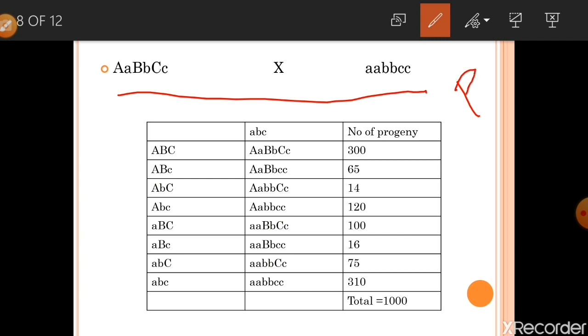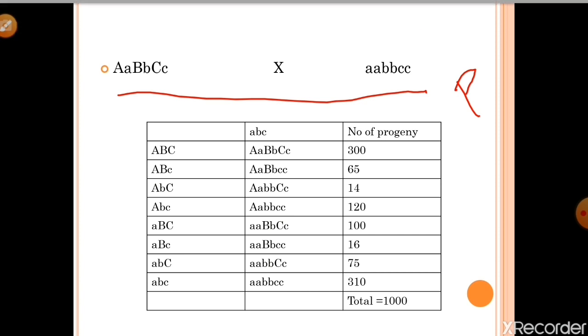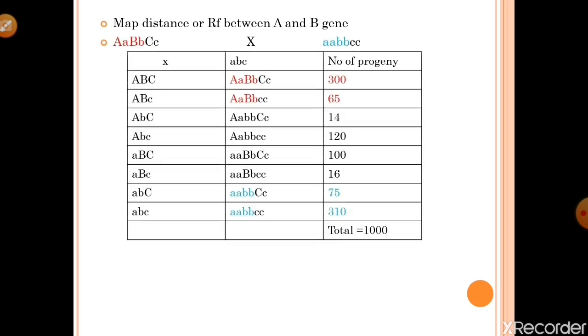Now in order to find out the map distance or recombinant frequency between A and B gene, compare the genotype of the offspring with the parent. Consider only the A and B gene of the offspring and the parent and find out the offspring which is not having the similar phenotype with the parent.